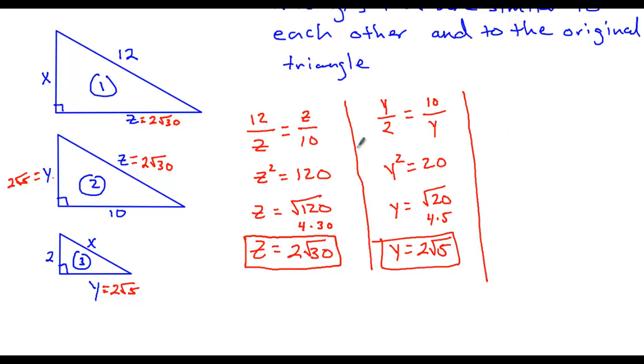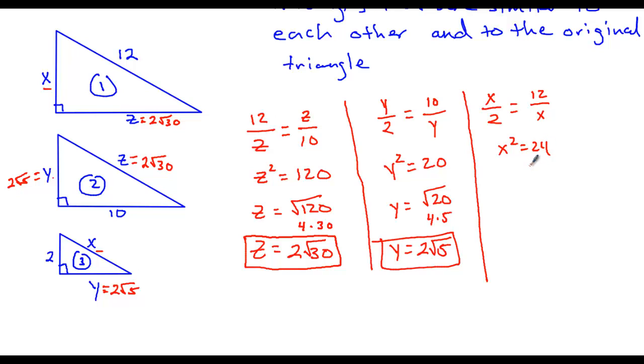So I go to my last ones. I need to find the x's, and this one and this one have an x in common. In the big triangle, x matches up to 2 in the little triangle, and that equals 12 in the big triangle over x in the little triangle. So I cross multiply, x squared equals 24.